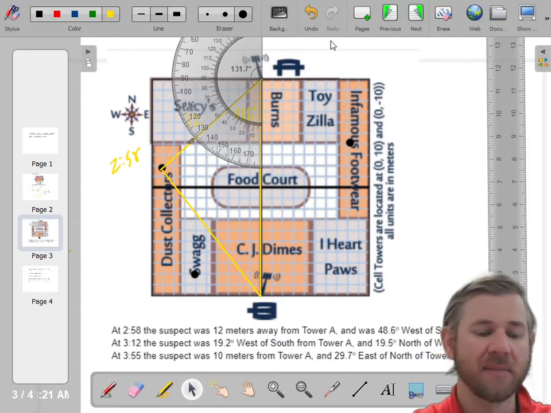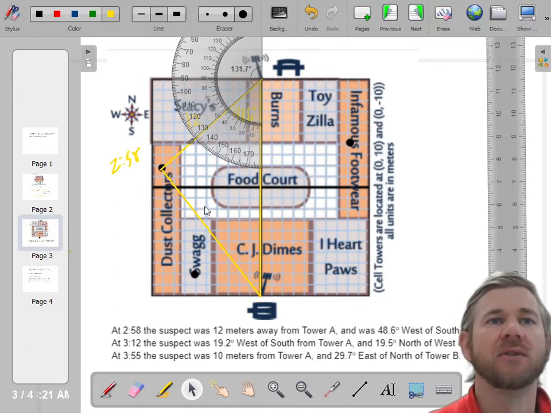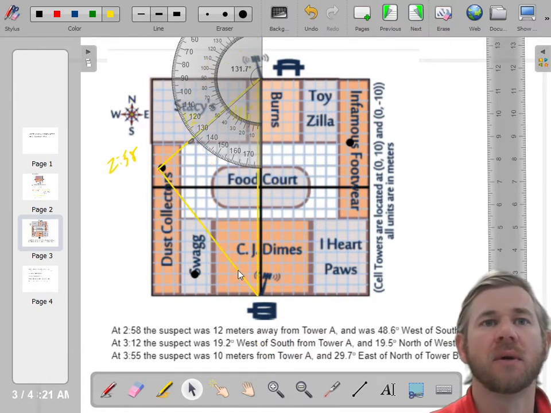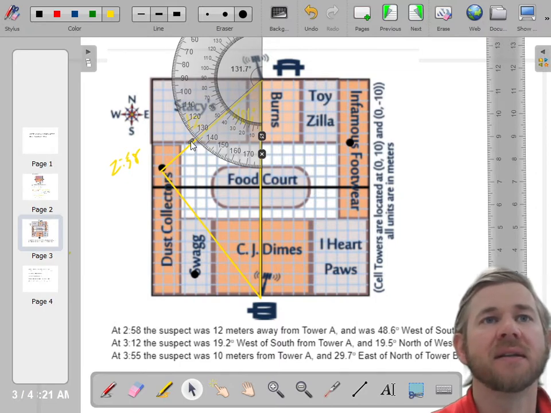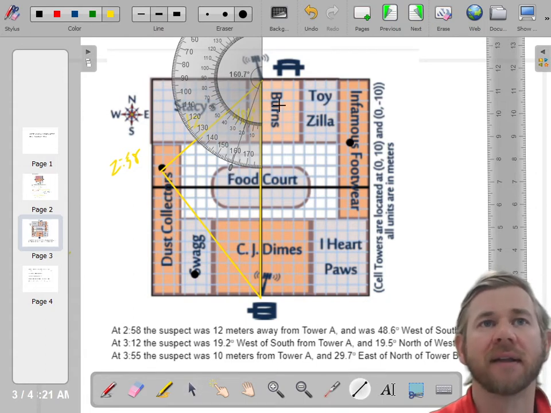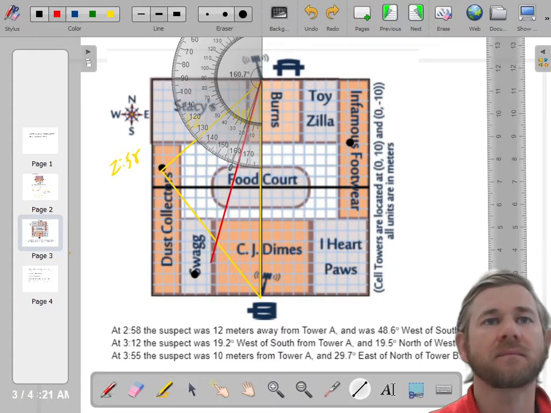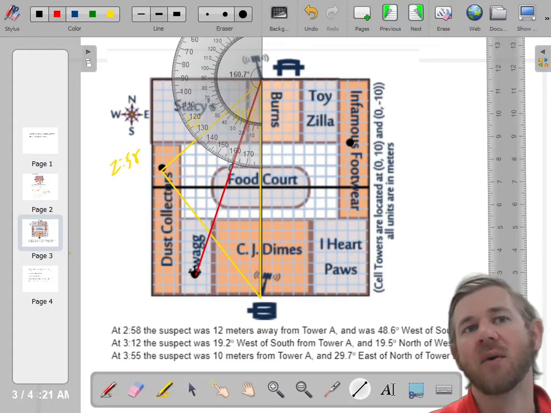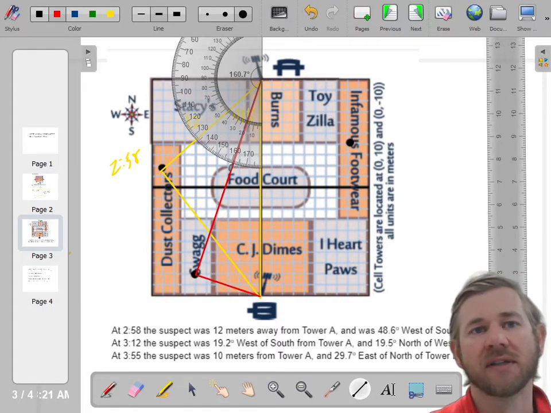So I'll do 180 minus 19.2 just because of my protractor, 160.8. And I'm going to measure this at 160.8 because that is what I need if I go this way. Okay, it's about like that. That's pretty close. So I'll do this one in red. Like that, you can see again, we're going to be in swag. So I'll draw this because I know I'm going to need that.